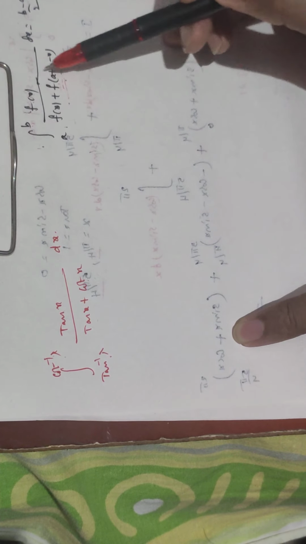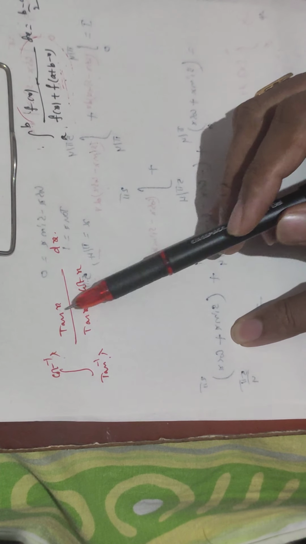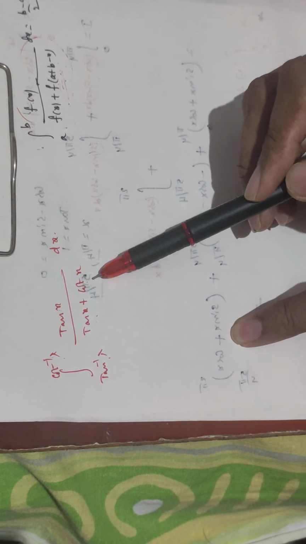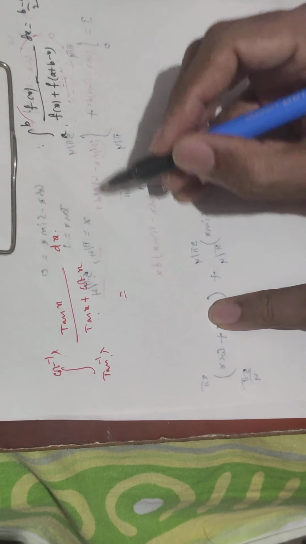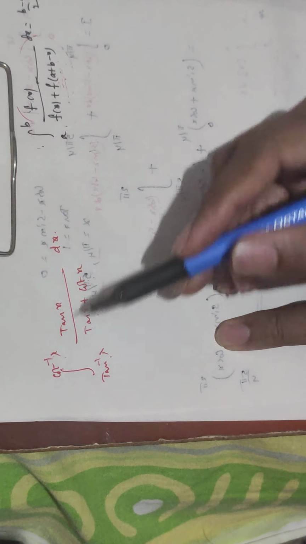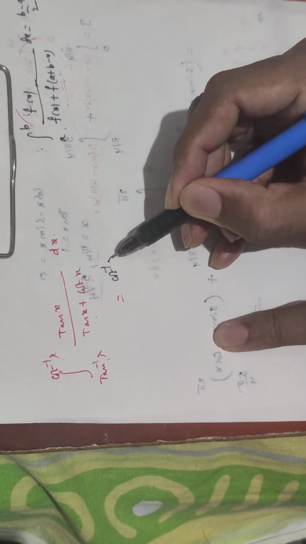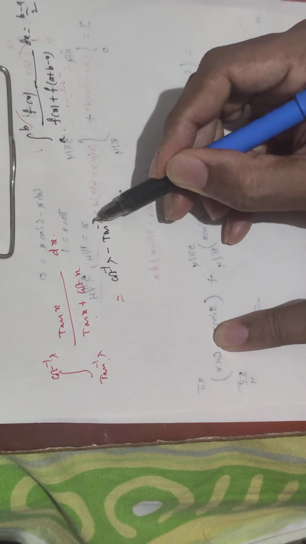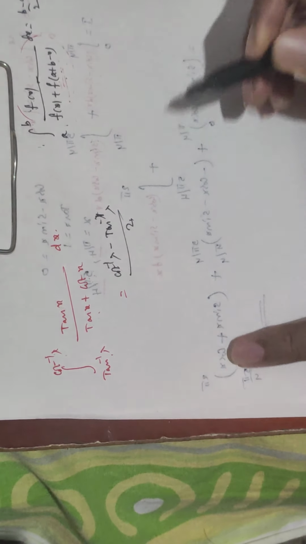So this condition is satisfied. f of x by f of x plus f of tan of 90 minus x is satisfied. That's why what is the answer? So the answer directly is b minus a by 2, b minus a means cot inverse lambda minus tan inverse lambda by 2. So this is the actual answer.